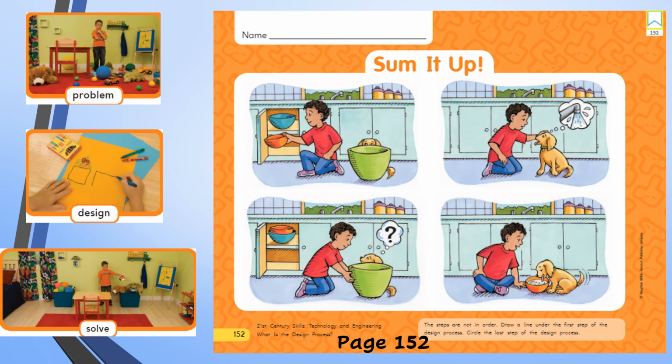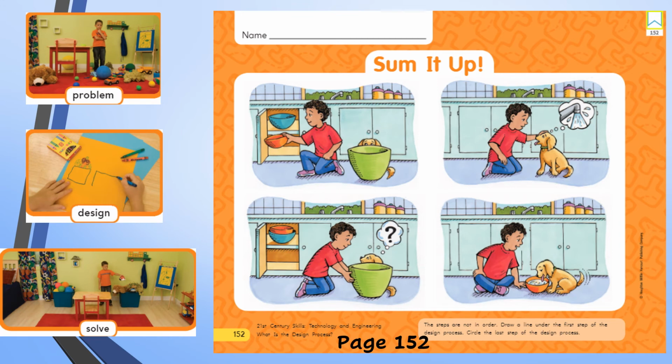Then after that, we have to test our design. So whatever kind of solution that we have made for our problem, okay, we have to figure out if it's worked. So we're going to test it and say, hey, does this work? If not, then we have to go back and we have to change it, right?